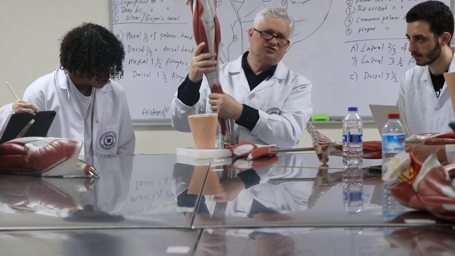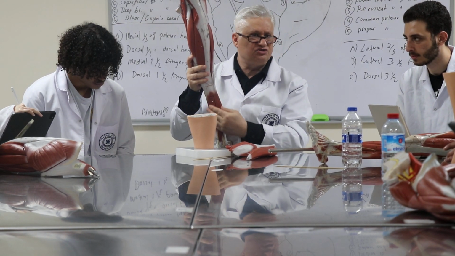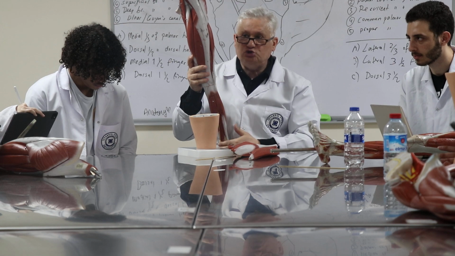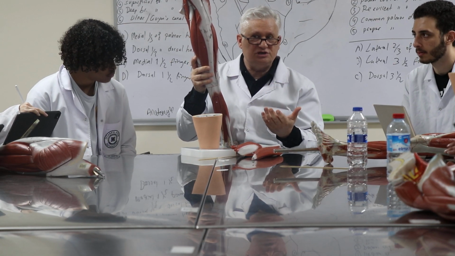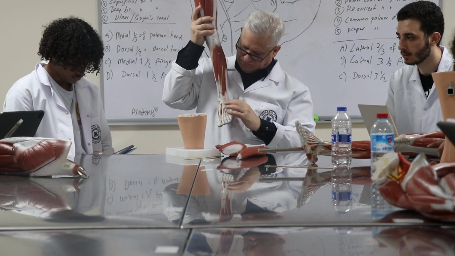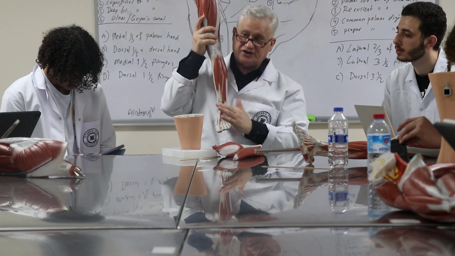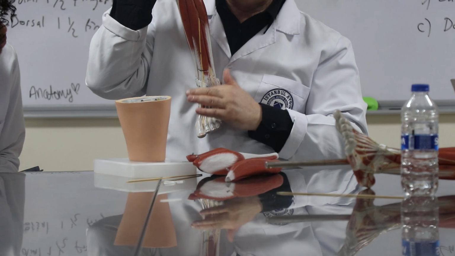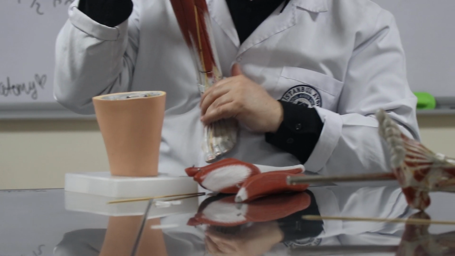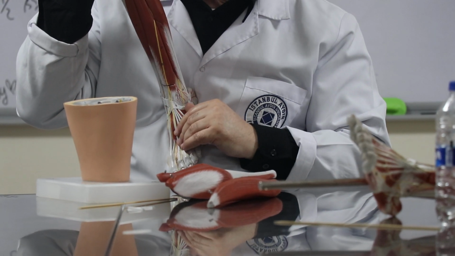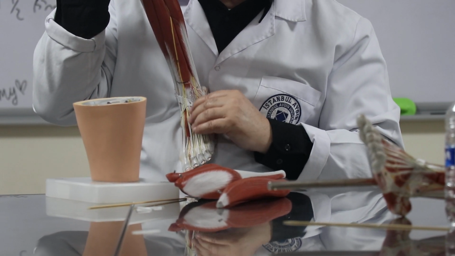And then one of the important areas that we need to know: the anterior tibial artery, at the ankle joint, goes to the dorsum of the foot and forms which particular artery? Which is this artery here? Right, dorsalis pedis. And from the dorsalis pedis, you can get what? The arterial pulse.